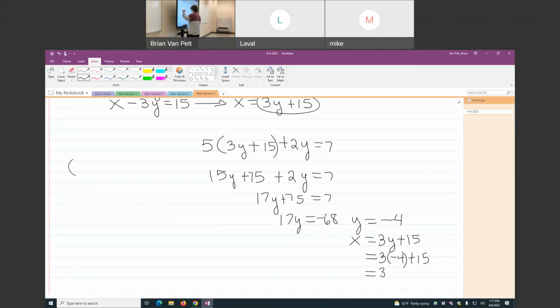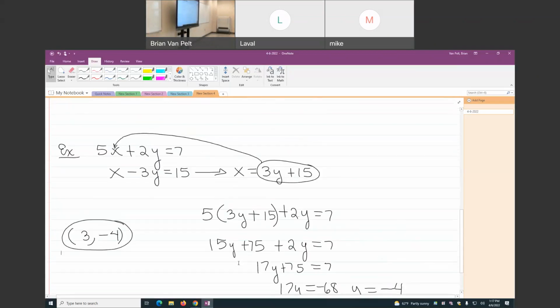So my answer then, x was 3, y was -4. Simple mistake, I threw it all off. Well, you didn't make a mistake. What you did is you just took a bit more difficult path.